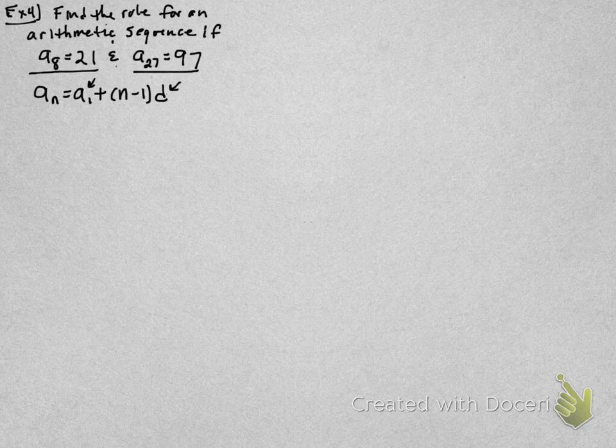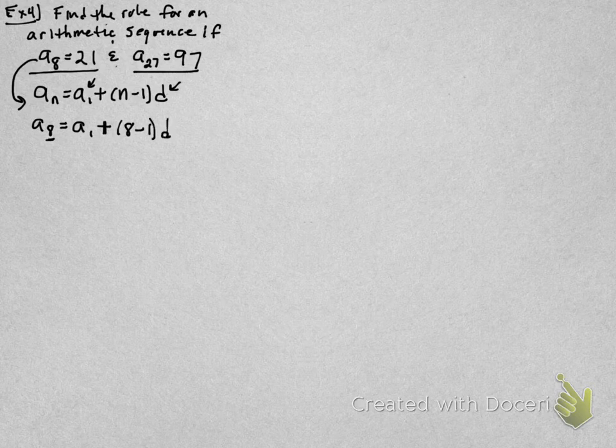However, I do know two different numbers of the sequence that I can substitute into the formula. If I plug in a sub 8, my 8th term, I can change the formula into a sub 8 equals a sub 1. I still don't know what the first term is. But as soon as I plug in a sub 8, I'm saying that the value of n, the term I'm looking at, is the 8th one, minus 1, and I still don't know the d.